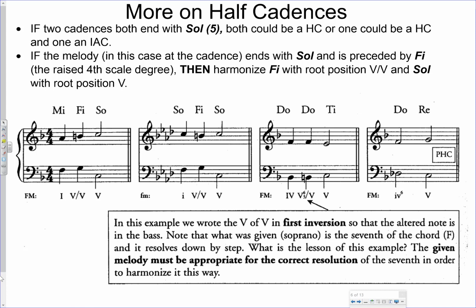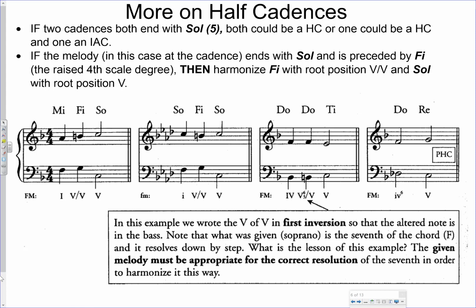The chord is G, B, D, F. So F is the 7th. And it resolves down by step. Very important, you want to remember to always resolve the 7th of a 7th chord down by a step. So what's the lesson of this example? The given melody must be appropriate for the correct resolution of the 7th in order to harmonize it this way. But remember our KISS method. Keep it simple for success, right?